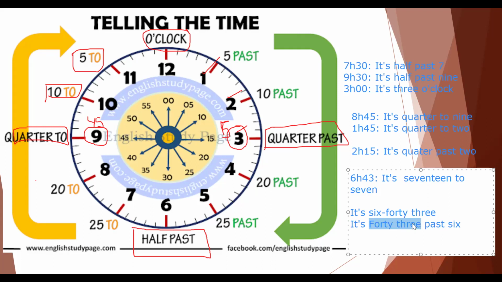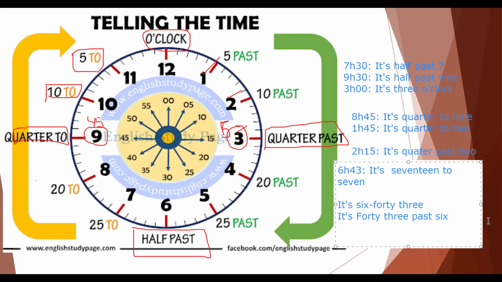Cuando vamos a decir los minutos completos, sería que decimos past y la hora correcta. Pero si usamos el to, miren cómo está en el gráfico, entonces tenemos que ir una hora de adelanto, ¿ok? So, this is correct. It's 17 to 7, ¿ok? O it's 6:43, o it's 43 past 6. The 3 ways are correct, okay?